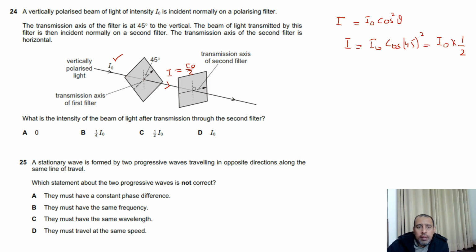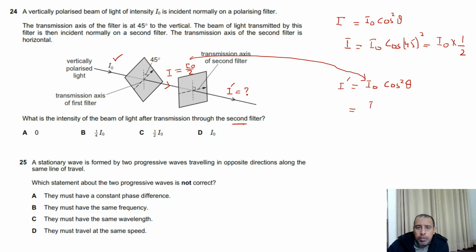And again, the transmission for the second filter is again 45 degrees, and the intensity is I dash, which is required after the second filter. So I dash is equal to I naught cos square theta. Now this is the initial intensity.